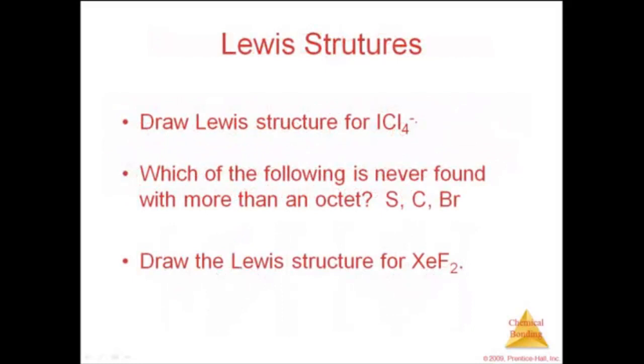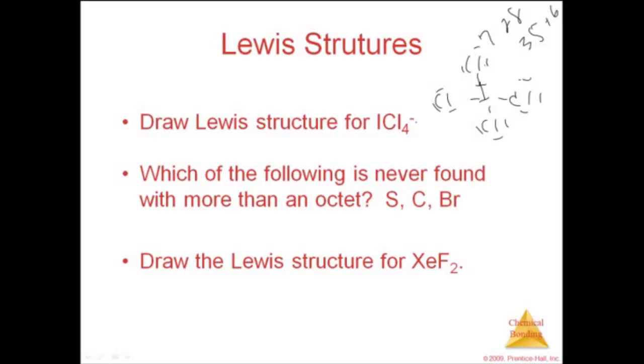Alright, so let's try drawing a Lewis structure for ICl4. So I is 7 valence electrons. Chlorine is going to be 7 times 4 is 28. That's going to be 35 plus 1 is 36. So if I have Cl, Cl, Cl, Cl, and let me put bonds here, and I'm going to draw dashes instead of pairs because I am completely lazy.